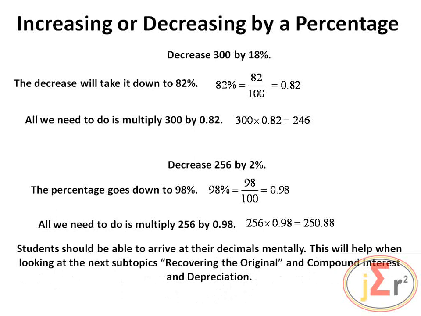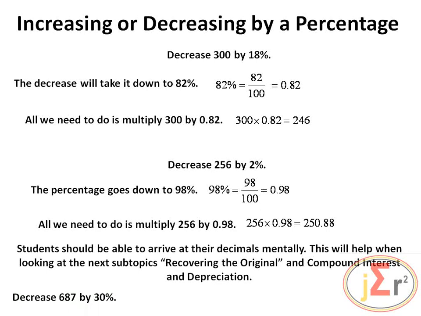Students should be able to arrive at their decimal mentally. This will help when working at the next subtopic, which is recovering the original, and compound interest and depreciation. So compound interest and depreciation, when we're working with those, the decimal representation of the rate is going to be very important.